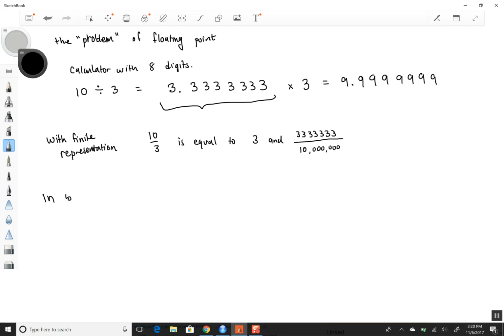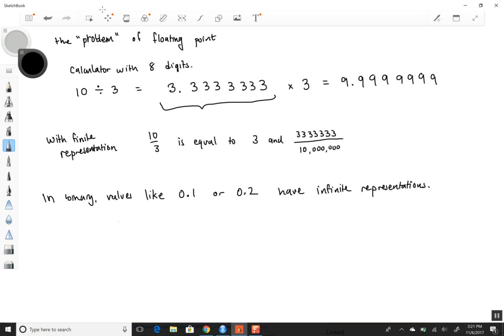So in binary, values like 0.1 or 0.2 have infinite representations.